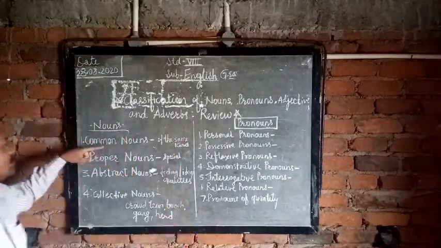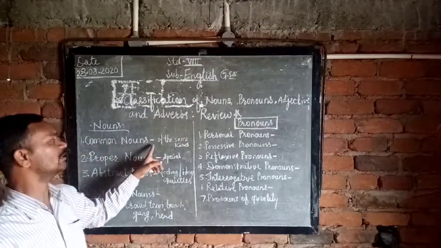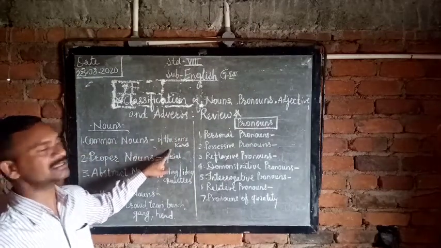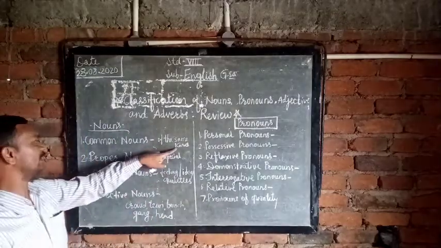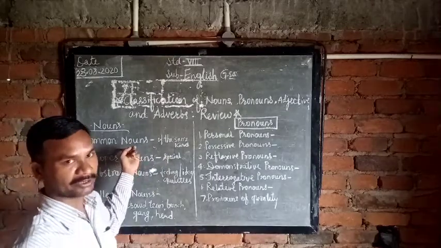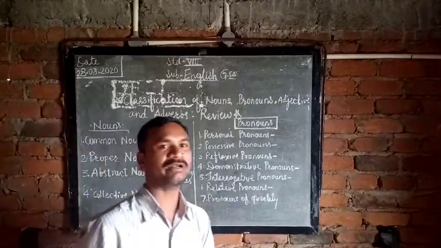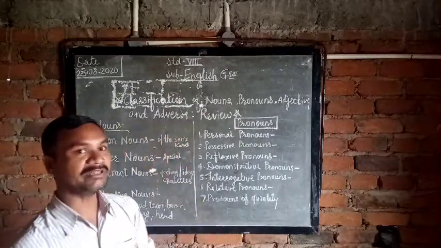What is meant by common noun? This is the name commonly given to people, things or places of the same kind. The name given to those of the same kind is called a common noun. Examples: boy, girl. Why is this common?